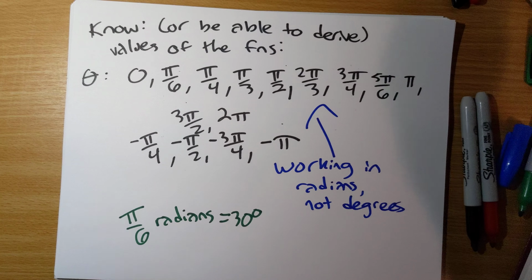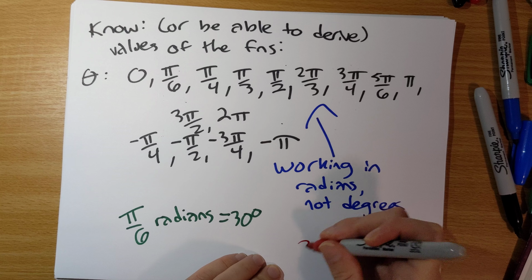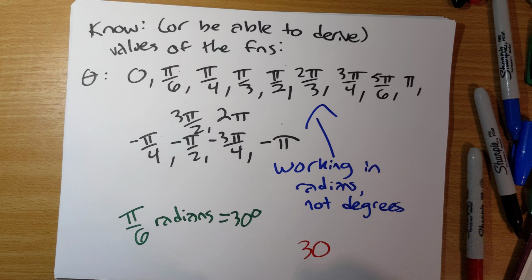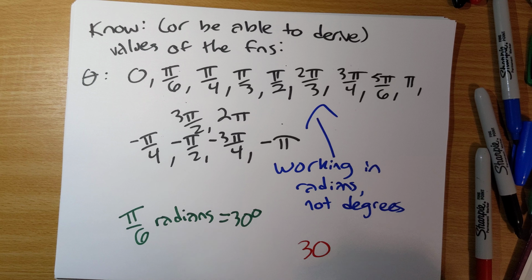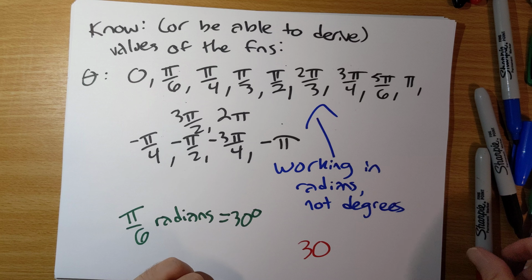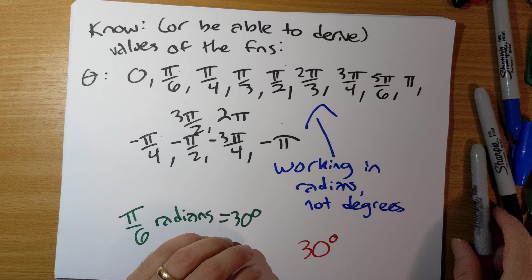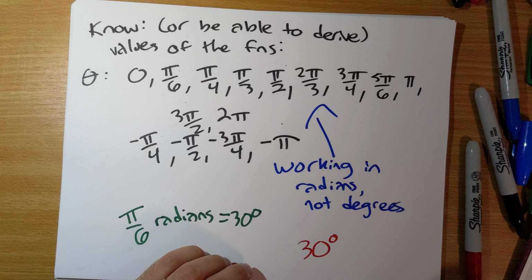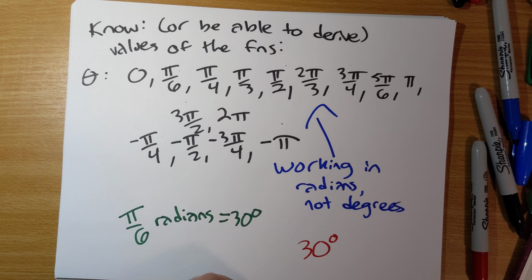And also, the bigger catch is that if you write 30 as your answer without putting degrees, I'm going to assume that you mean radians. If there's no specific degree symbol here, I'm going to assume that you mean radians. You're going to need to put the degree sign if you do want to work with degrees.